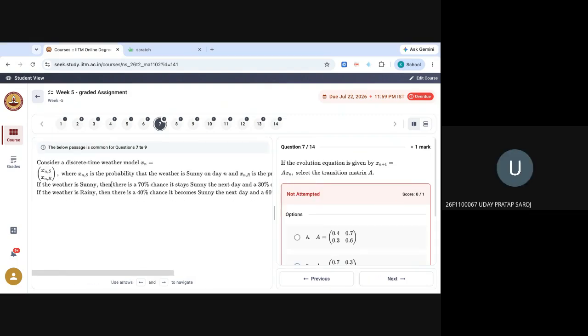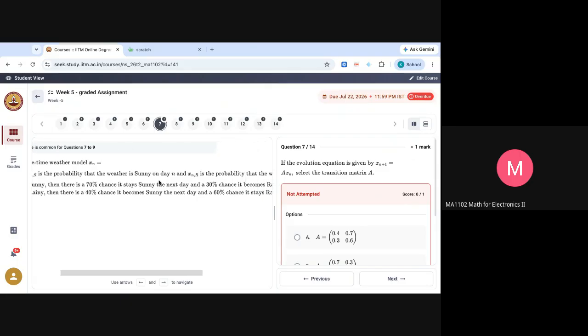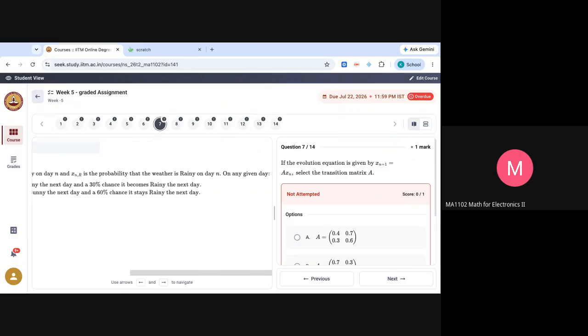They should ideally wrap around anyway. So XNS, XNR. So this is the probability that the weather is sunny on day n. XNR is the probability that the weather is rainy on day n.